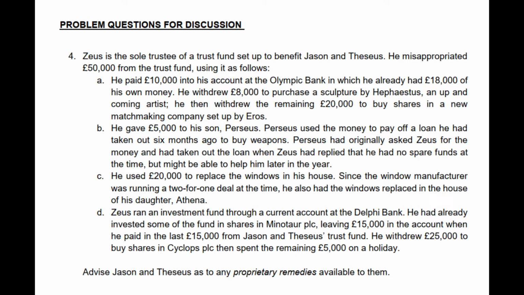The argument in favour of backwards tracing, and we now know that it is possible, the original arguments were given by Lord Justice Dillon in Bishopsgate, and Scott in Foskett v McKeown, who all said that the rule should be based on substance and not timing. Ultimately, the asset was bought with the claimant's money, and the court shouldn't be restricted in its decision by the precise order in which the payments were made.